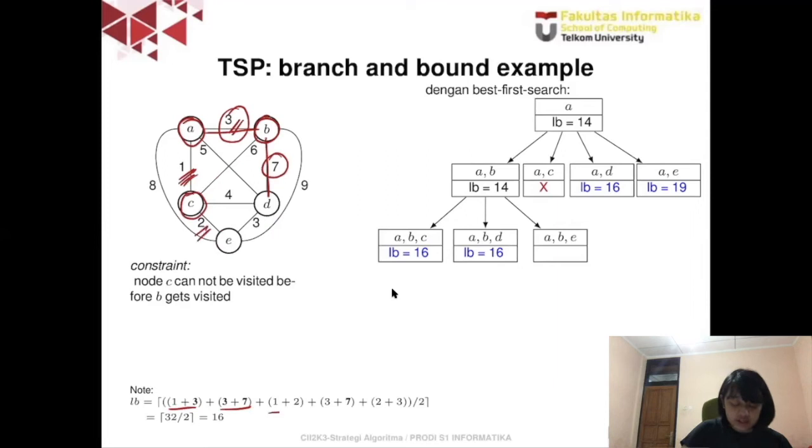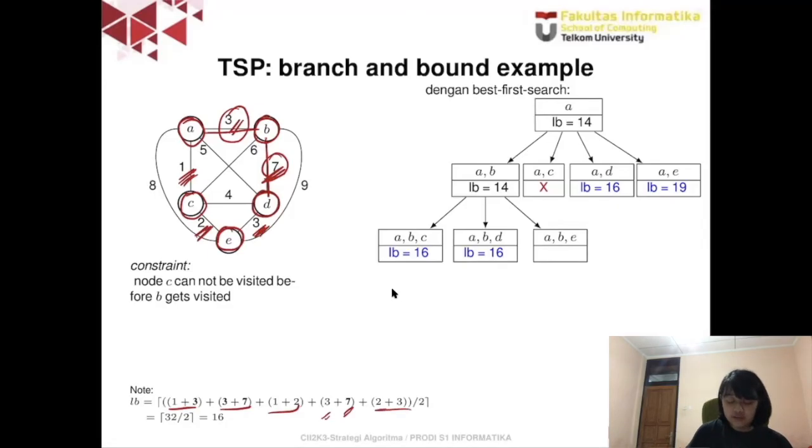And then for D, 7 must be attached to D in the solution, and the other one cannot be lower than 3. And for E, the 2 attached edges in the solution cannot be lower than 2 and 3 here.